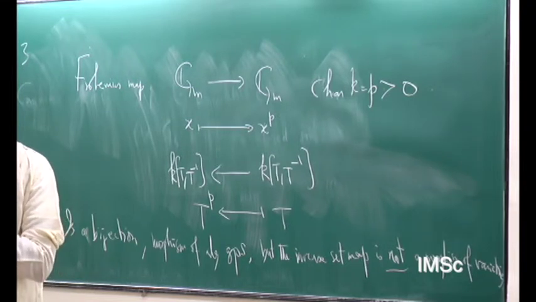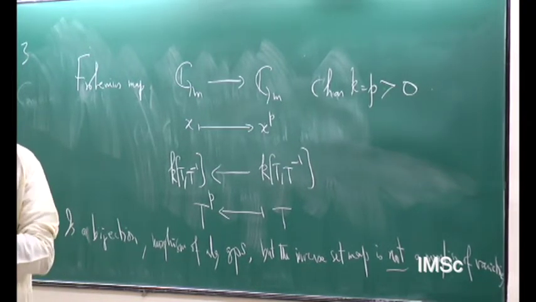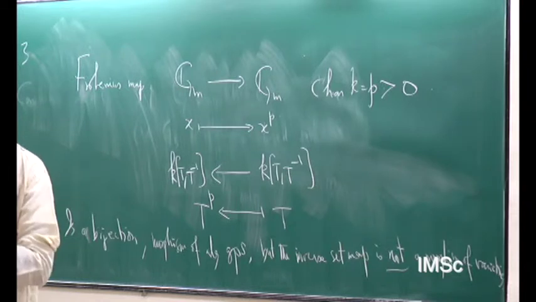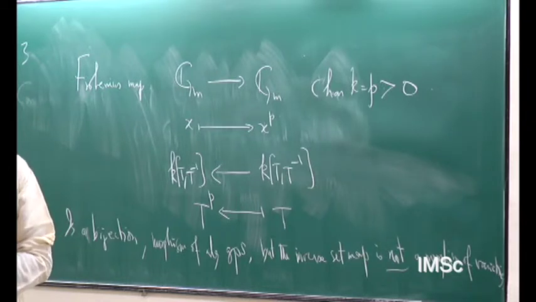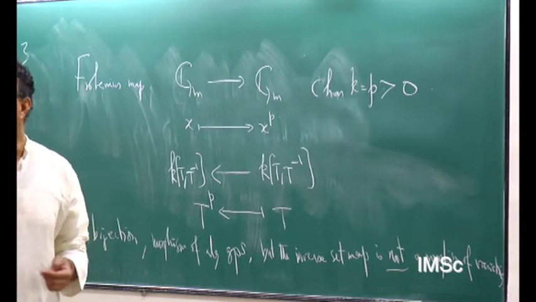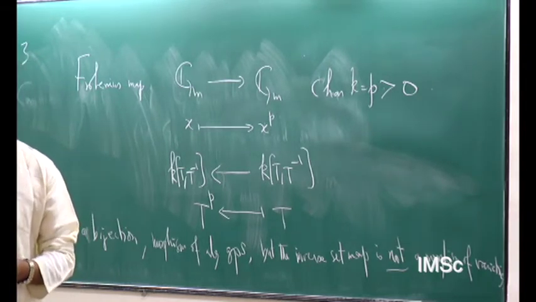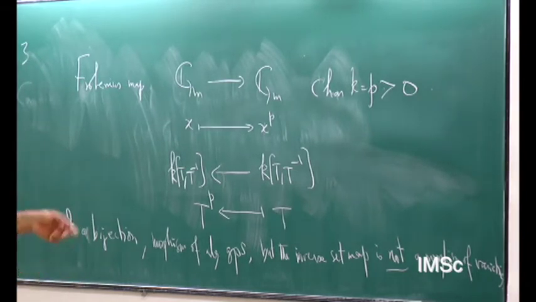The content of that statement lies in showing that the inverse is a morphism. You can't take recourse to some general statement there, because you have examples like this, which show that you can have a bijection which is a morphism of algebraic groups, but the inverse need not be a morphism.